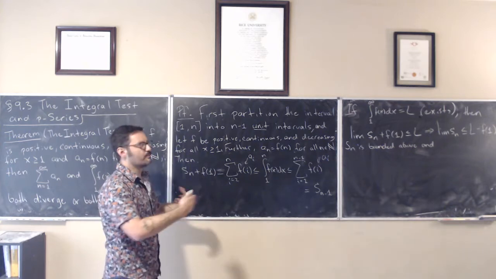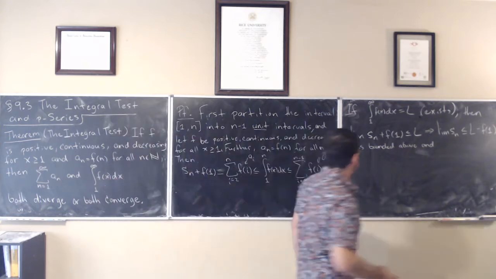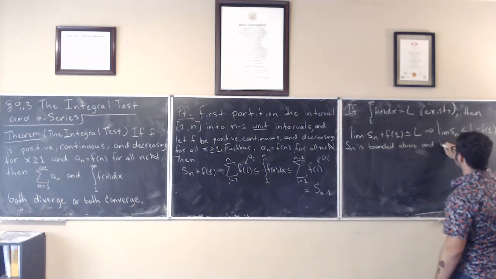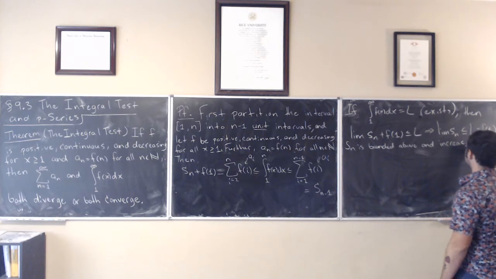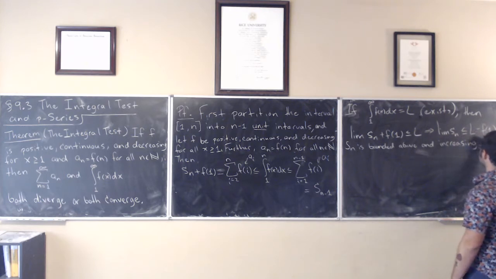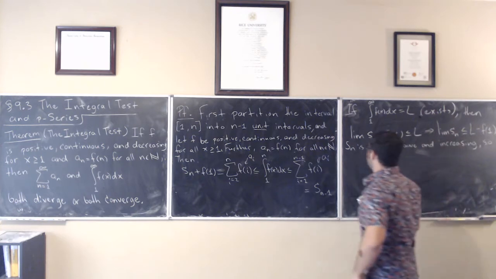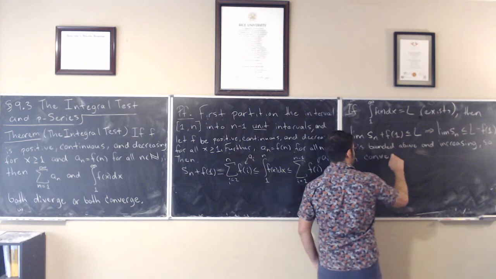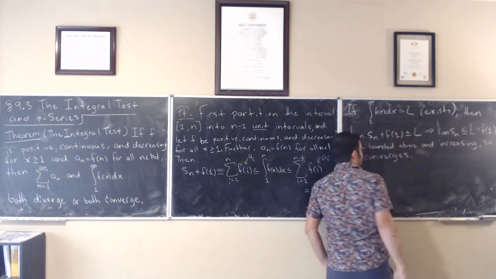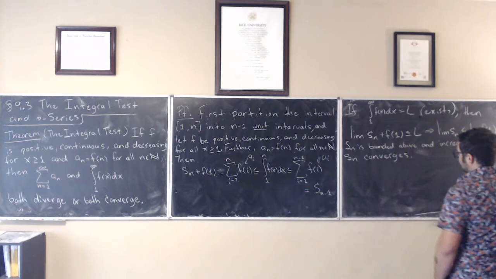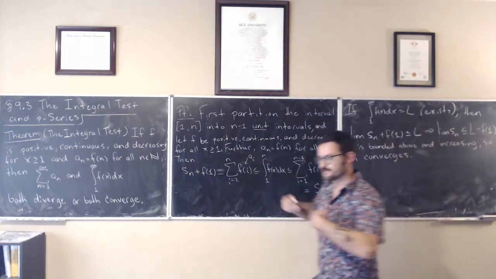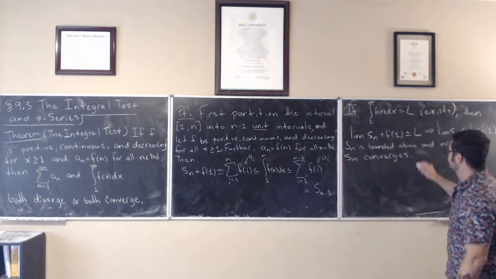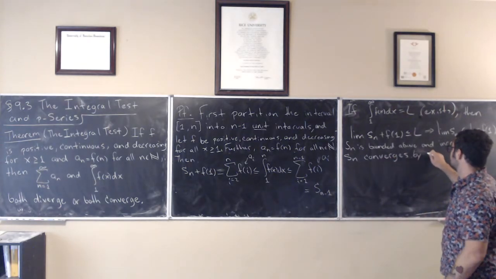We're adding more and more and more because we're taking these positive rectangles, and so S of n is bounded above and increasing, monotone increasing. So S of n converges, right? By some previous theorem, bounded monotone sequences converge. This sequence is bounded from above and increasing, so it converges. So let's say by a previous theorem.